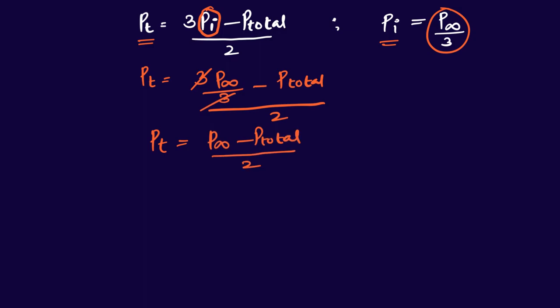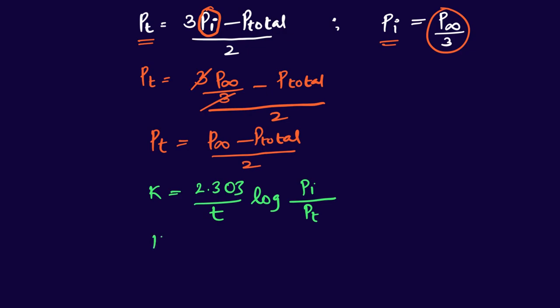Now we got the pressure at t time. We know that K is equal to 2.303 divided by time, log of P initial divided by pressure at t time.